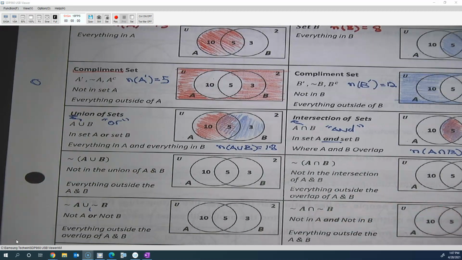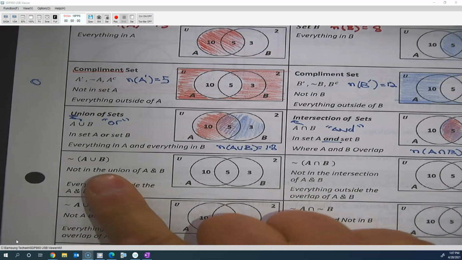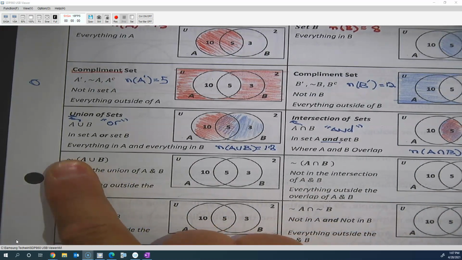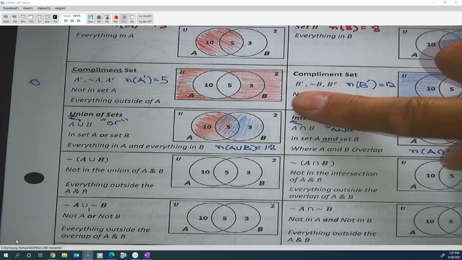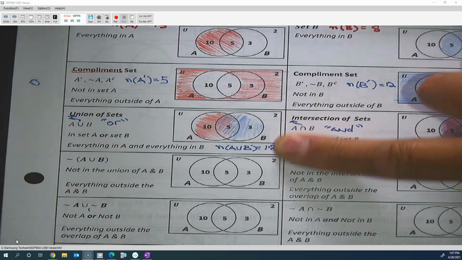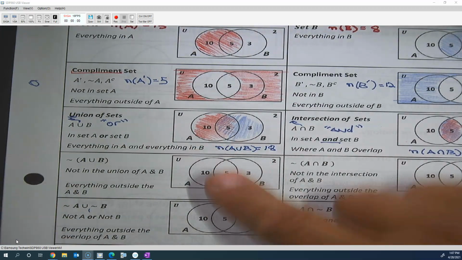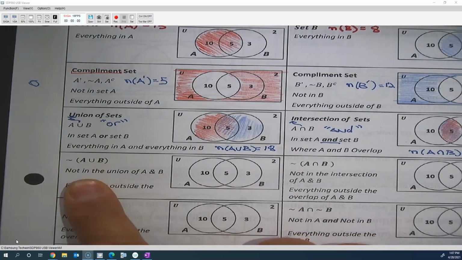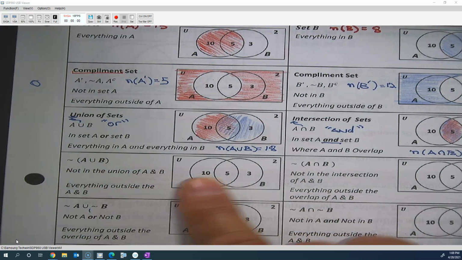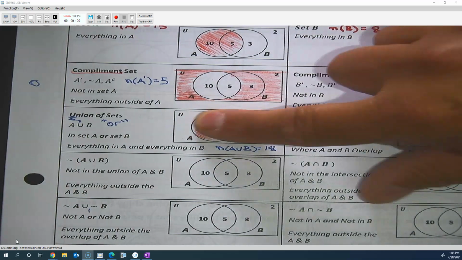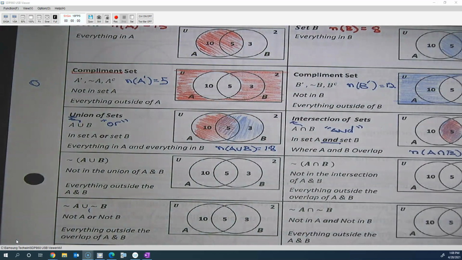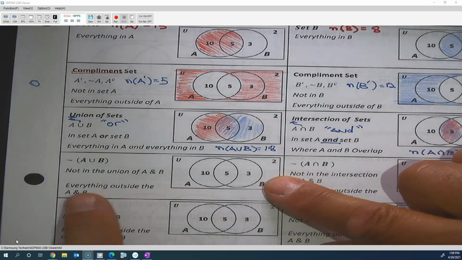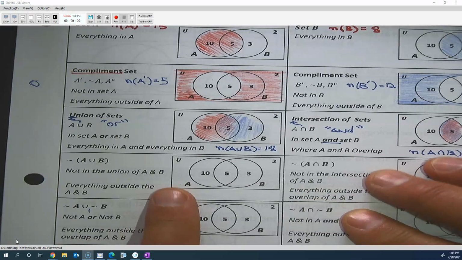So on this particular one, actually we don't have to break this one up because this is simply going to be the complement of the one right before it. The one that we did right here, this is everything outside of it. So it's not in the union of A and B. If that's the union of A and B, then everything outside that union is going to be shaded in for this.